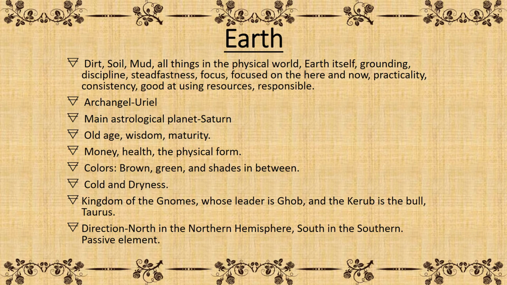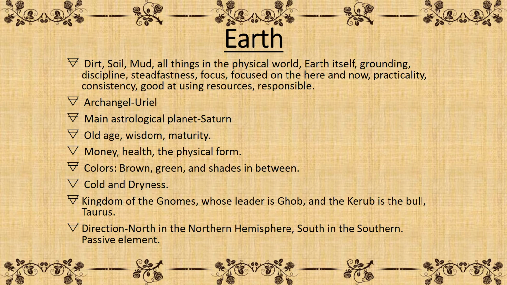So now let's break these down and take a look at them individually. The first one we have is the physical element of the earth itself. Dirt, soil, mud, all things related to the physical world. That's kind of key there because it broadens our horizon to understand that anything physical and tangible we see is part of the earth element.